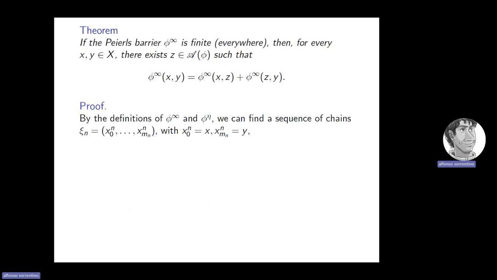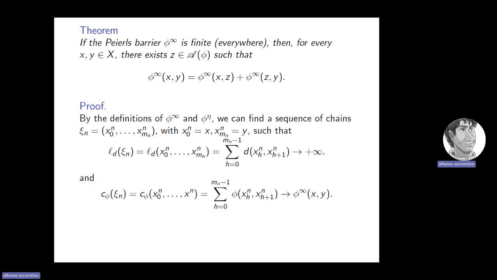In fact, I can find a subsequence of chains, psi n being the name of the chain, so it has mn points starting at x and ending at y, such that the length goes to plus infinity and the cost goes to phi infinity of xy, from the definition.